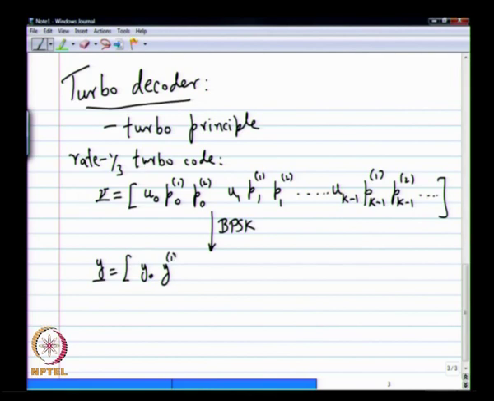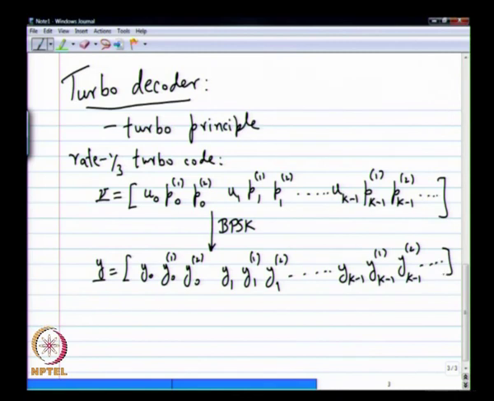I will put a 1 here to indicate that it corresponds to the first parity, and 2 here to indicate that it corresponds to the second parity. Keep everything else the same, just replace it with Y. So Y1 1, Y2 1, so on all the way to Y1 K minus 1, Y2 K minus 1, and you also have the termination stuff depending on how you have terminated.